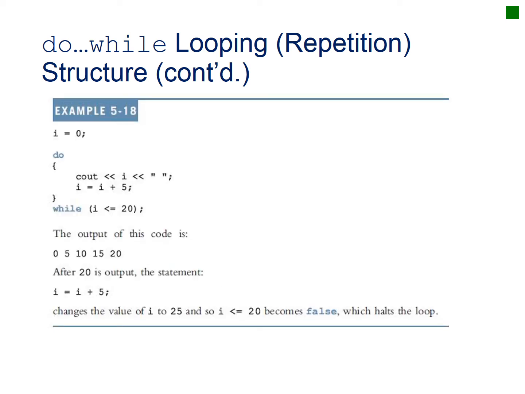Let's look at an example. The output of this code is 0, 5, 10, 15, then 20. After 20 is output, this statement, i equals i plus 5, changes the value of i to 25, and so i is less than or equal to 20 becomes false, which halts the loop.